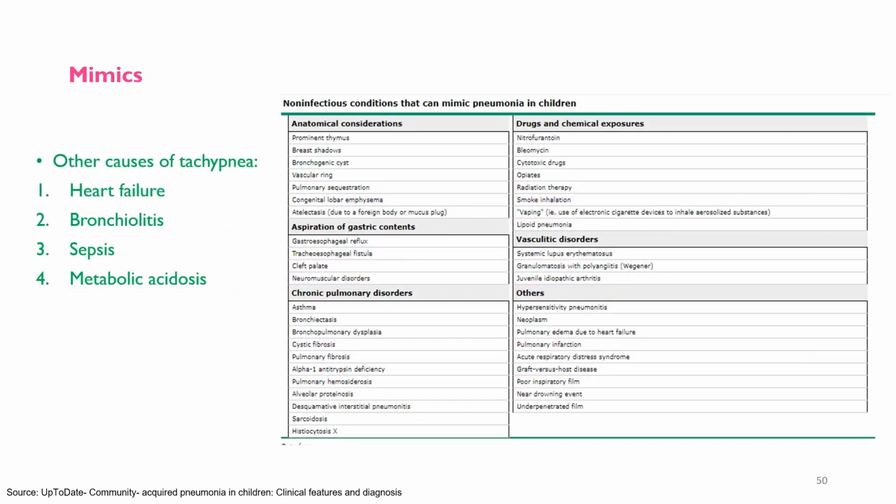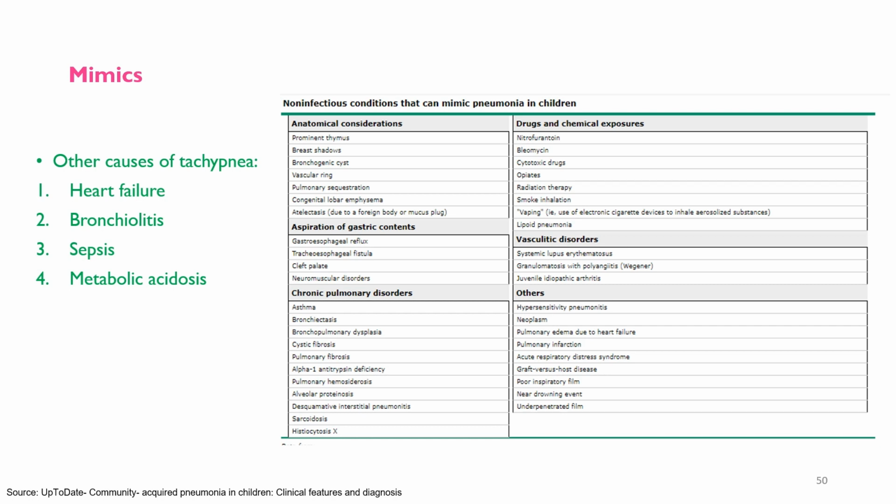To finish off now, what are the mimics of pneumonia? You have a lot of things which can cause tachypnea or fast breathing, like heart failure, bronchiolitis, which is not usually easy in clinical practice to distinguish from pneumonia. But again, it's not a huge mistake if you diagnose somebody with bronchiolitis as compared to pneumonia, because they're both lower respiratory tract infections.